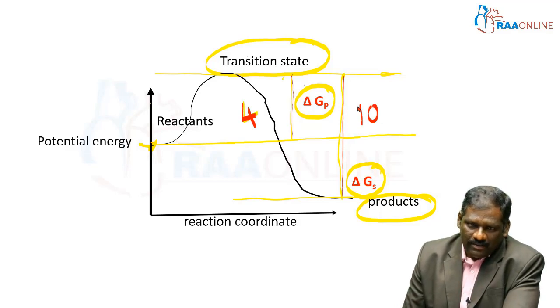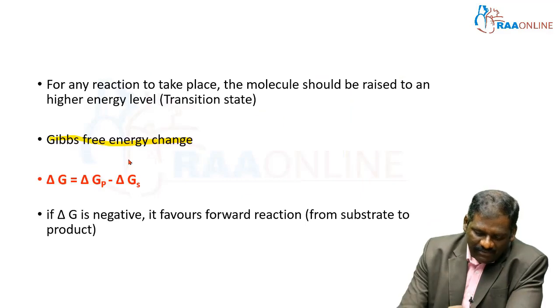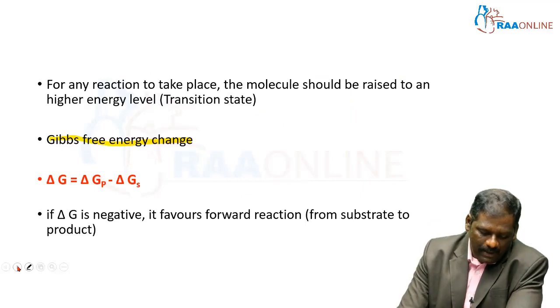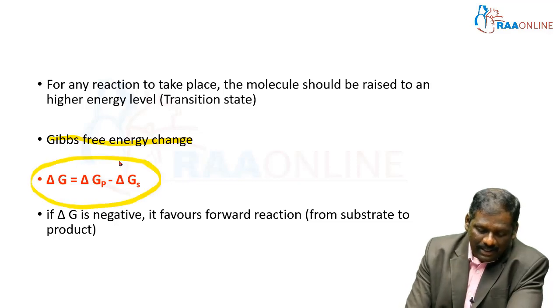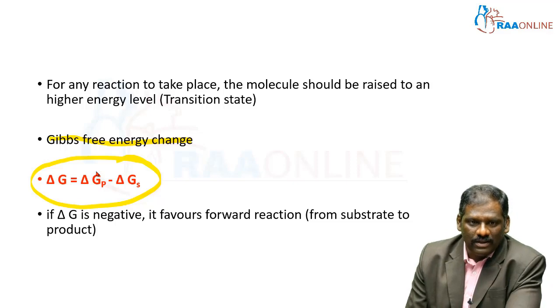Normally, which thing will be favored? Do you like to use minimal energy or maximal energy? You will try to use minimal energy for the product to form. So in this case, if the difference of delta Gp and delta Gs is in the negative range, then it favors the forward reaction.